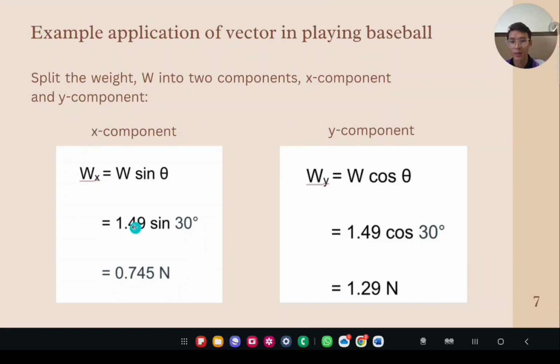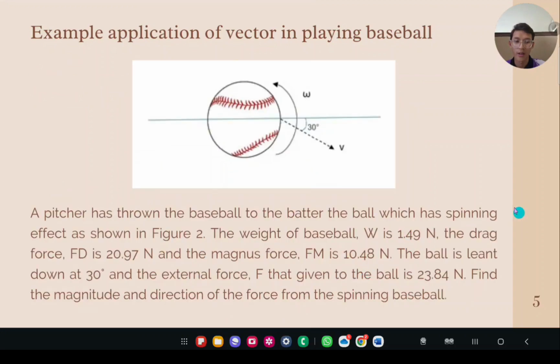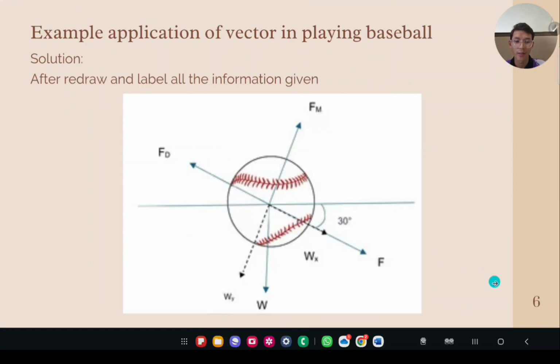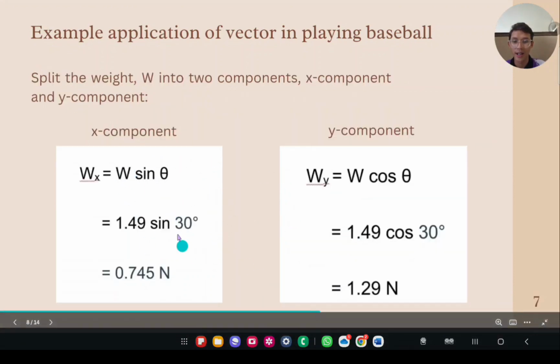So this is the x component of W, and the formula of the x component is Wx equal to W sine theta. So we substitute W with 1.49 Newton sine 30 degrees, because the ball lands down at 30 degrees.